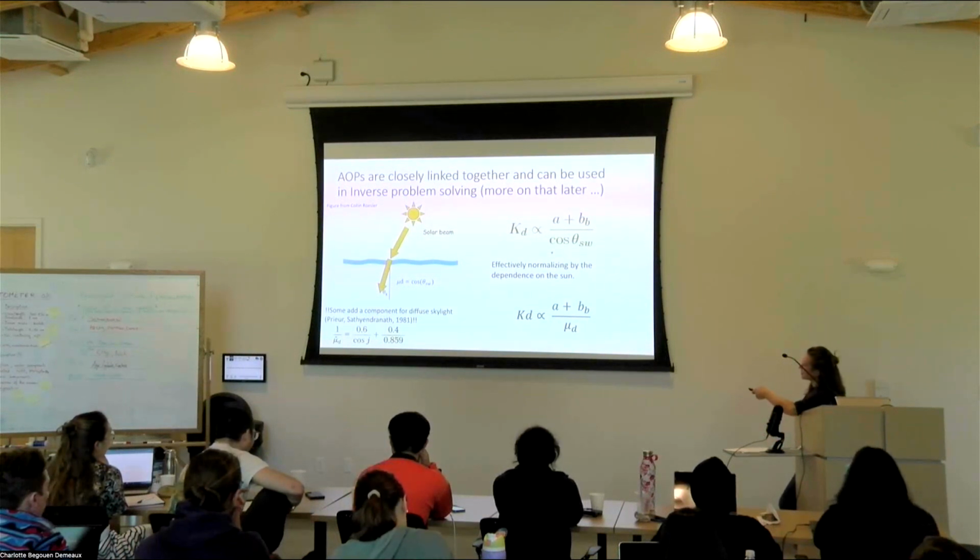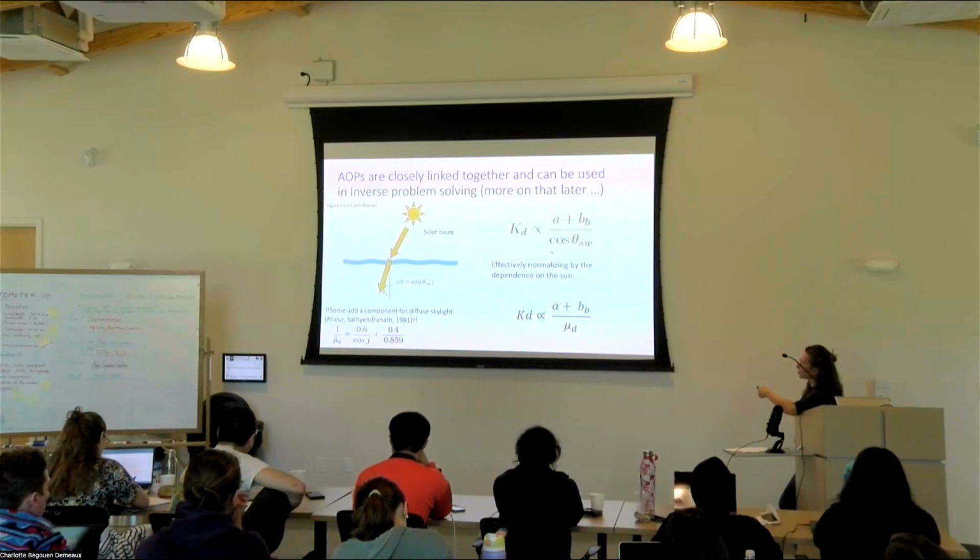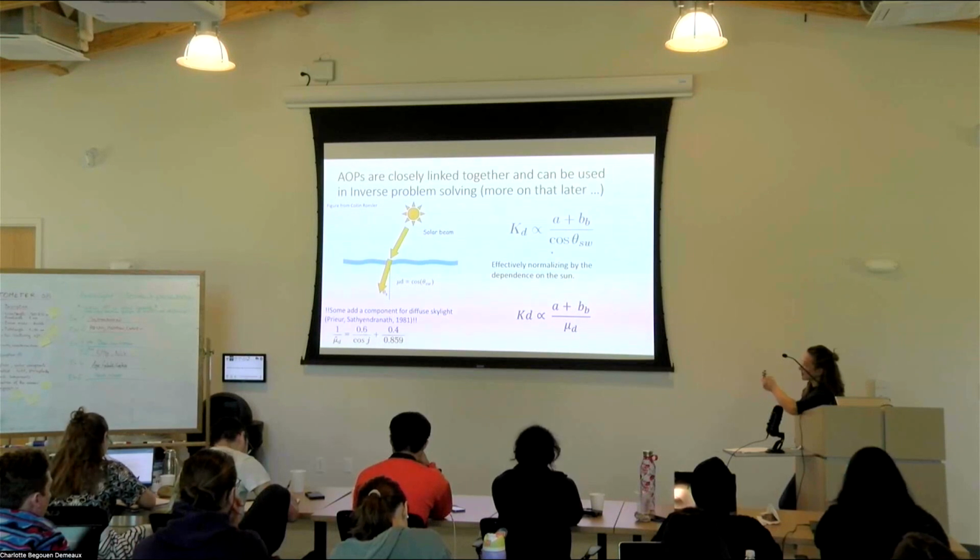So this is actually a great way to normalize, or at least account for the dependence on the sun, and have something that hopefully fully describes the AOP, and we don't need to add any fudge factor.